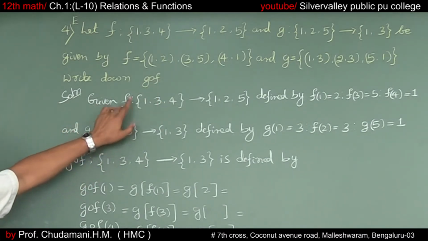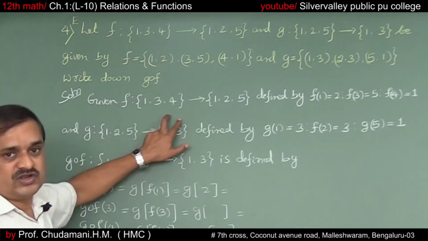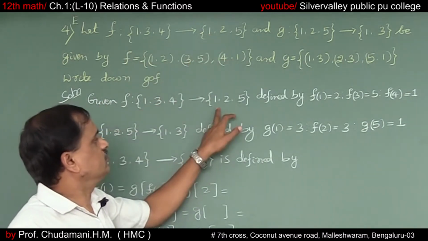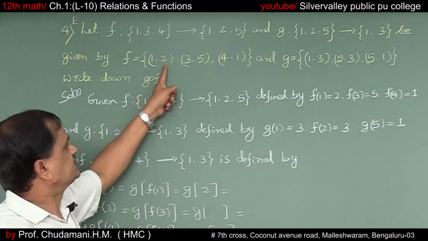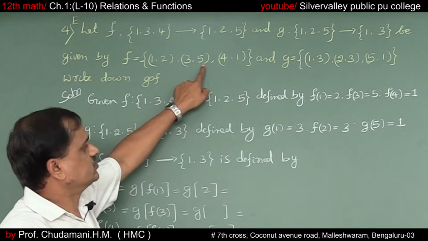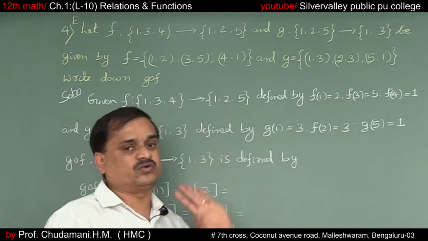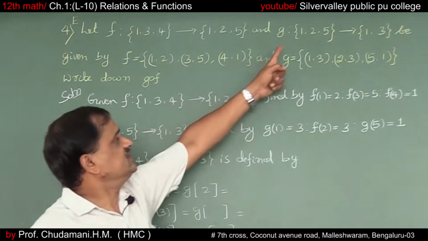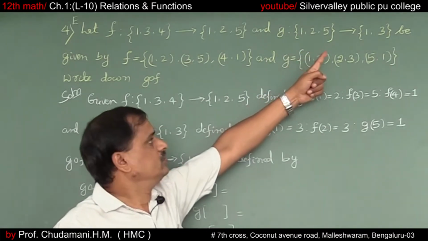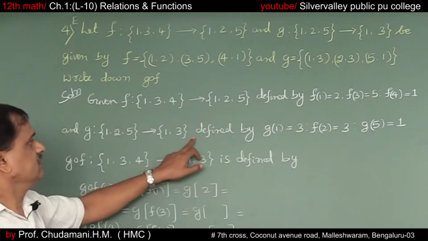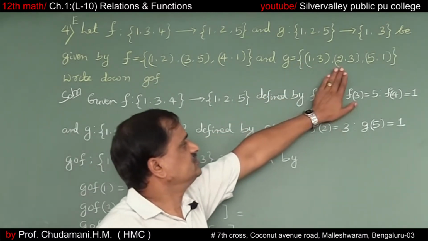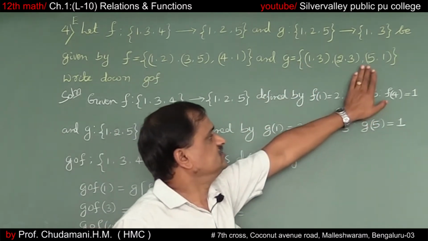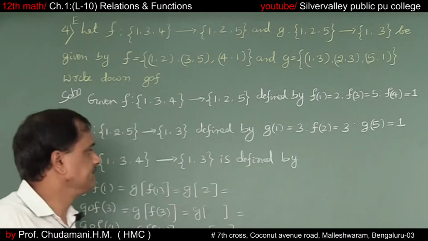Solution. Given f from the set {1, 3, 4} to the set {1, 2, 5} defined by f of 1 equals 2, f of 3 equals 5, f of 4 is equal to 1, and g from the set {1, 2, 5} to the set {1, 3} defined by g of 1 equals 3, g of 2 equals 3, g of 5 is equal to 1.